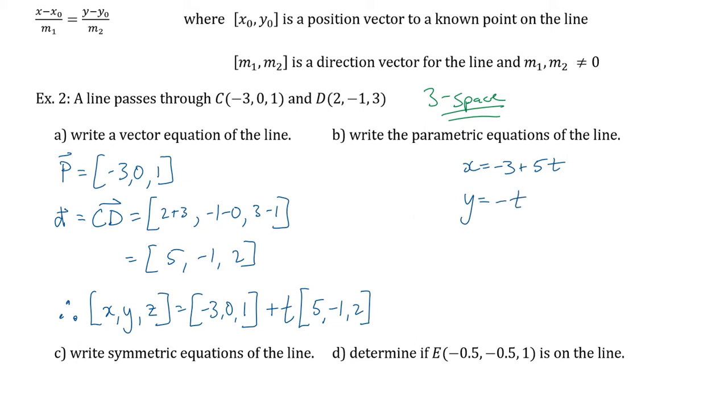You could write 0 minus t if you want, but I don't know why you would. That's just the -t because of the 0 there. And then z equals 1 plus 2t, and we always put it in a curly bracket like that. We don't just write them in space. We always put them together with a bracket.